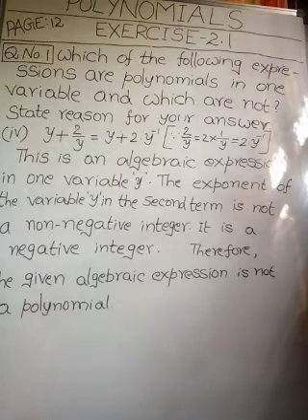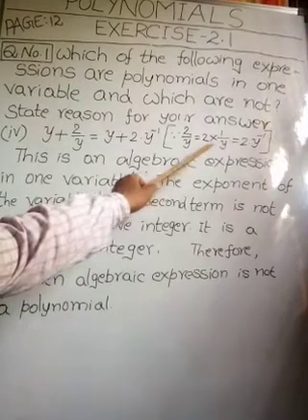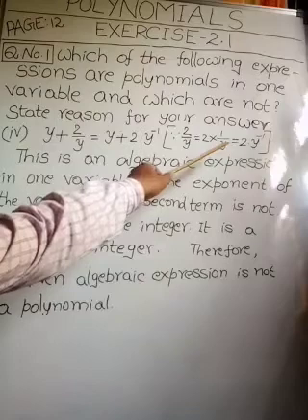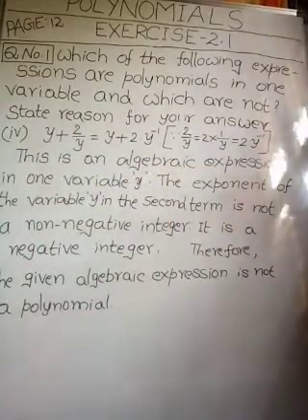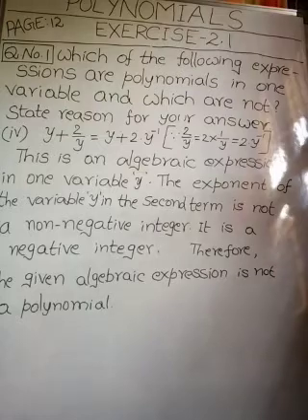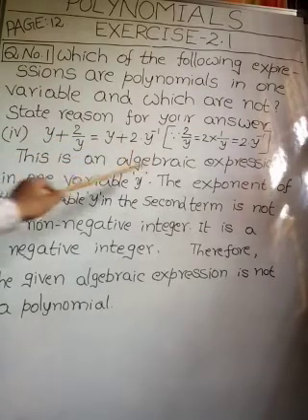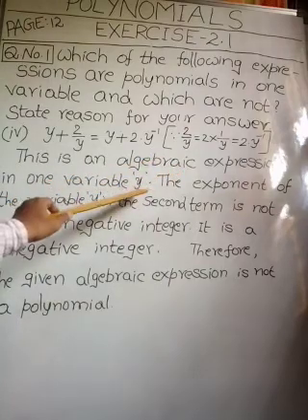Okay, my dear children, understood? That is equal to 2 into 1 by y can be written as y power minus 1. Do you remember this point, my dear children? Right. Now, this is an algebraic expression in one variable y.